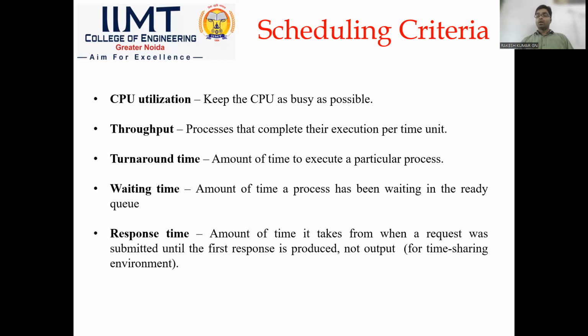Suppose we have a single printer and a number of processes want to execute on the printer. Process P1 has 5 pages to print.